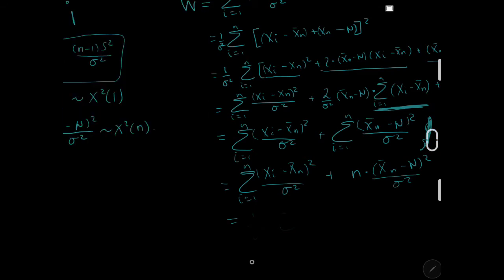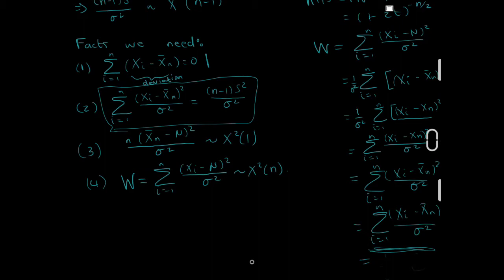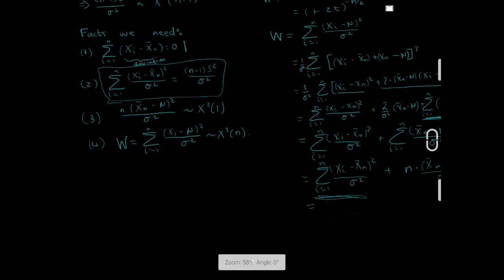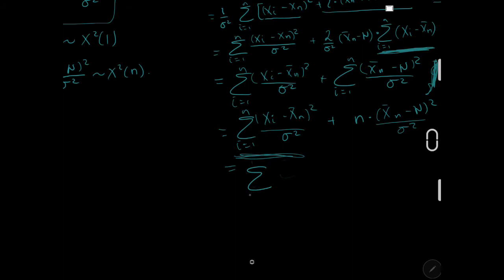Okay, so the next piece to the puzzle is this first term over here. Remember, we had our second fact, which is that this thing over here is equivalent to this thing over here. So what we can then write is, actually I don't need that either.